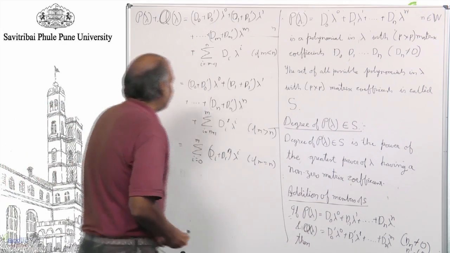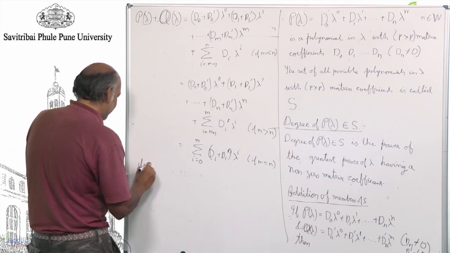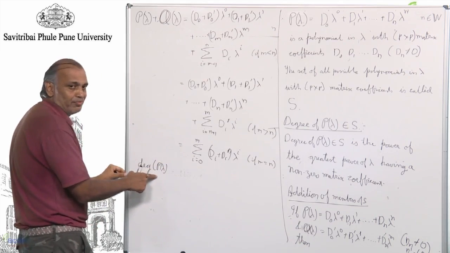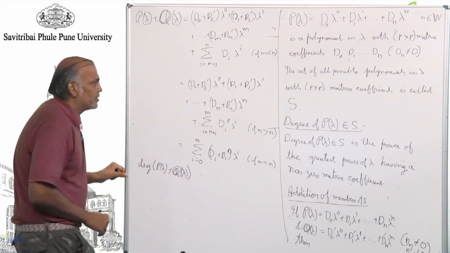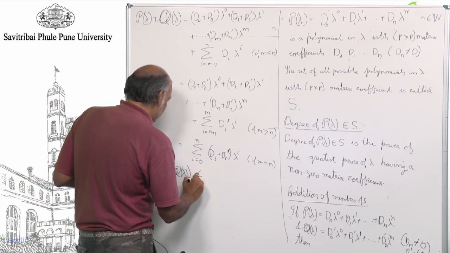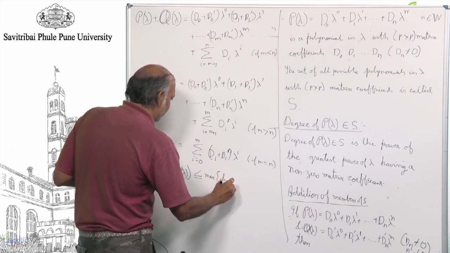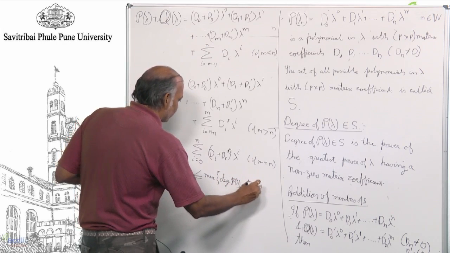So in general we say that degree of p of lambda plus q of lambda is lesser than or equal to max of degree of p of lambda, comma, degree of q of lambda.